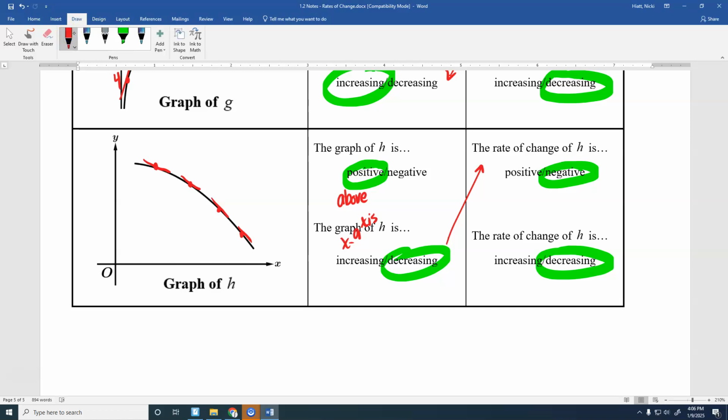It's not quite as obvious on this one. Those tangent lines are all pretty similar, but this one, I might even not have that one drawn all that good. Let's put one up here. That one should be a little flatter. So we're not very steep here, and as we go to the right, it gets a little bit steeper.